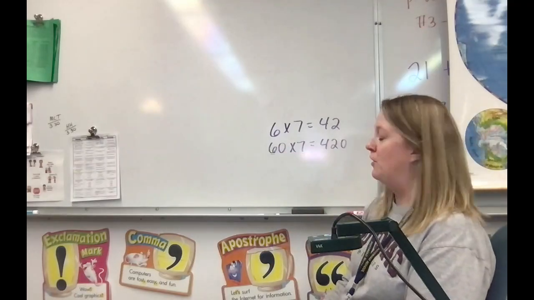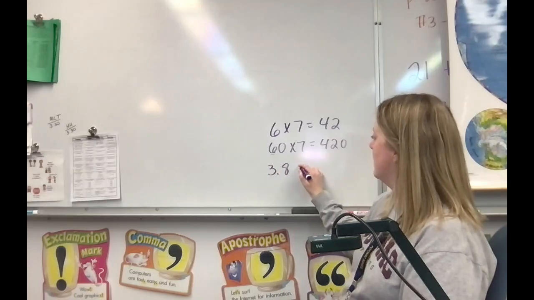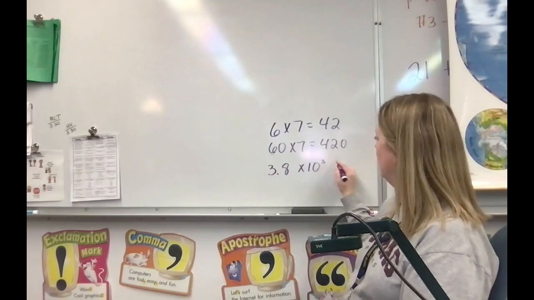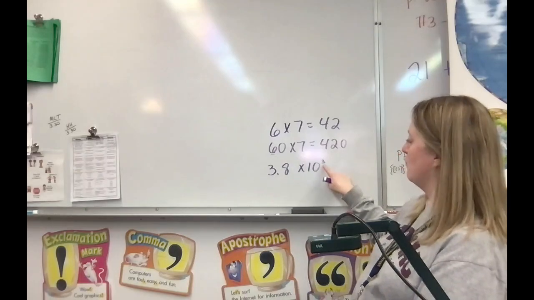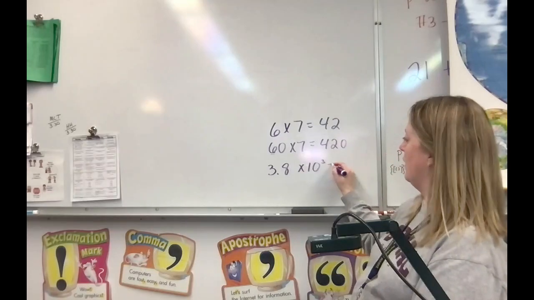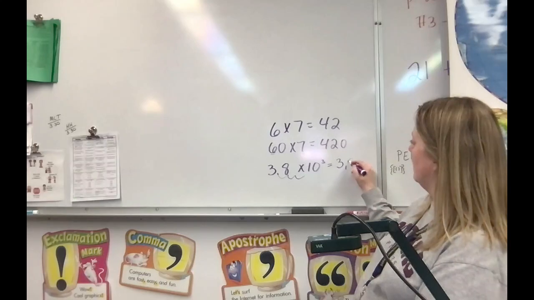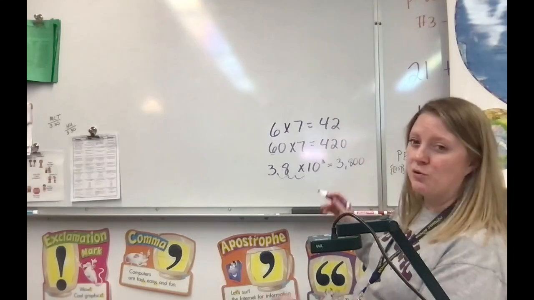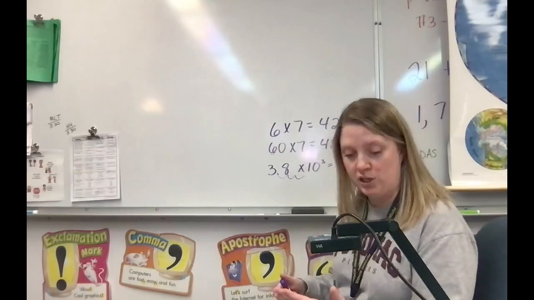And this year we've been looking at patterns like if I had 3.8 times 10 to the third, the pattern is that we are going to bounce the decimal this way 3 times, and it's going to go this way because the numbers get bigger when we multiply. So that was 1, 2, 3. So our answer would have been like that. It's just finding those patterns. And that's what today is going to be about, but with division.